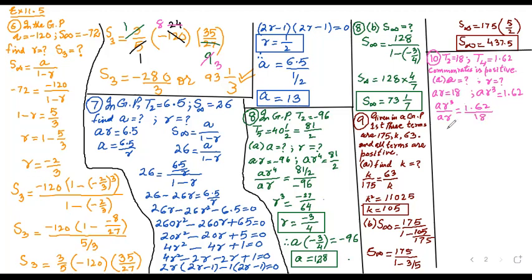So this will become equal to R square is equal to 0.09. Therefore, R is coming out as 0.3. So this is the answer for R.